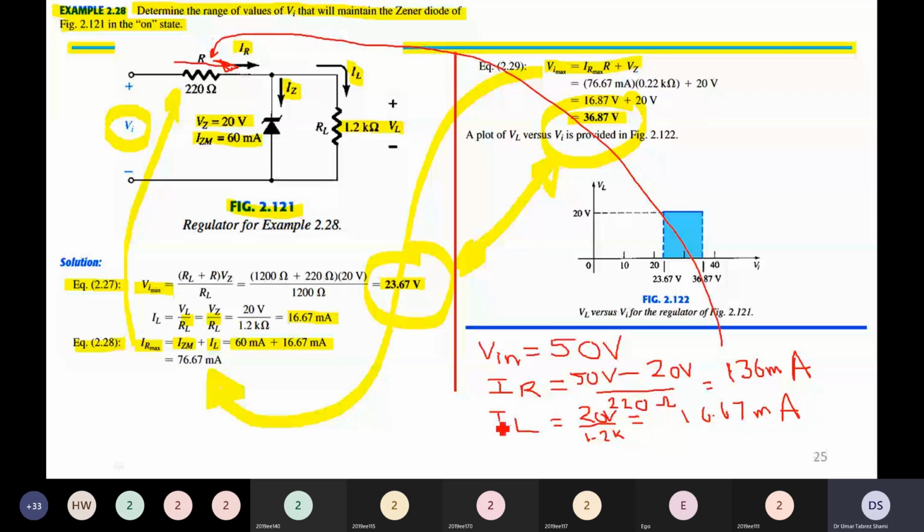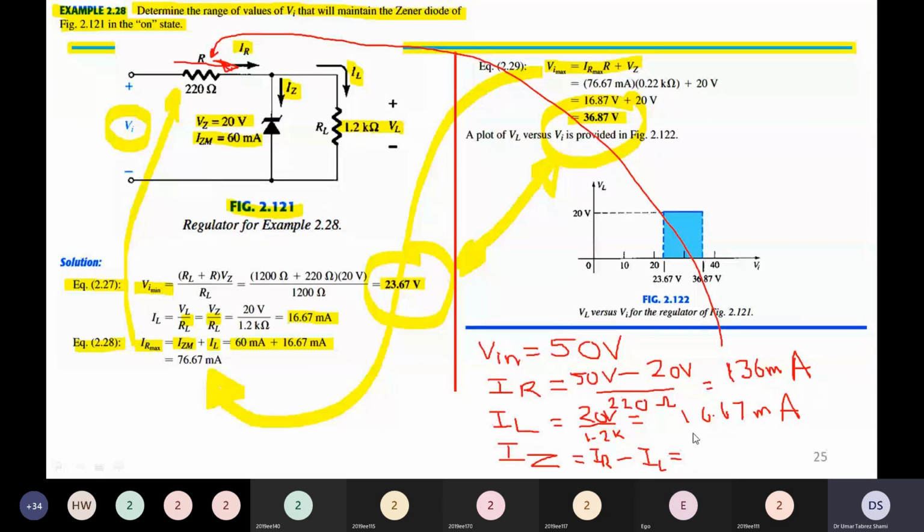Now in the third step, what is the IZ, the current in the Zener diode? This is equal to IR minus IL. So this is equal to 136 milliampere minus 16.67 milliampere.